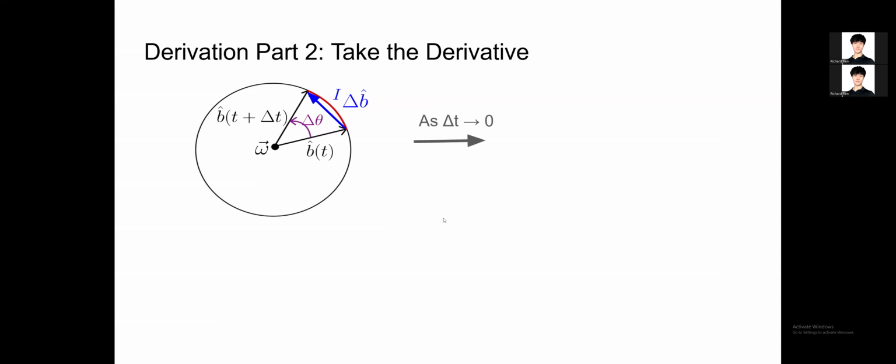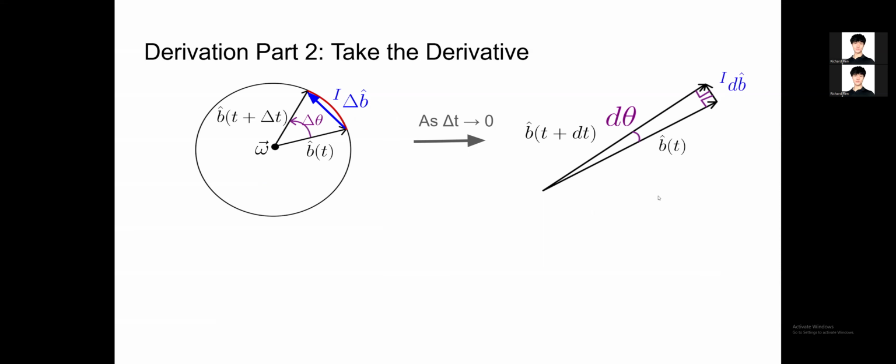If the time increment is infinitesimally small, delta theta approaches d theta, and the change in B hat would become dB hat.